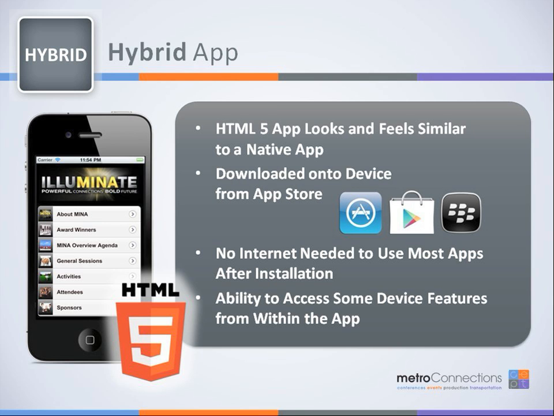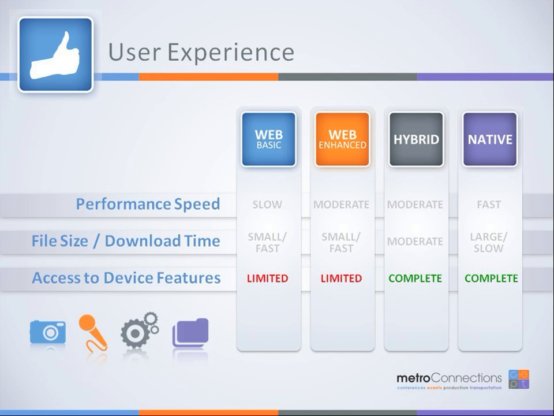Access to device features. So we talked a little bit about HTML5 and the Hybrid being able to use some of that. So if we look at this, it's very limited in Web Basic and Web Enhanced. And what we mean by device features is being able to save files to a file folder on your phone where you want it. Being able to use the camera inside the application. Those types of things. As far as the Hybrid and Native, those things are much more available.